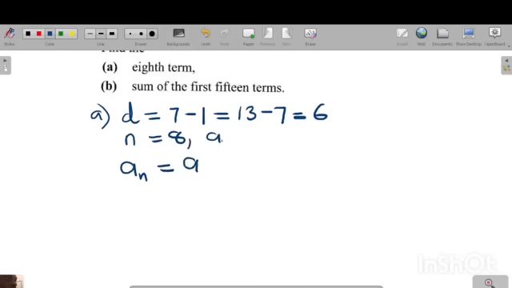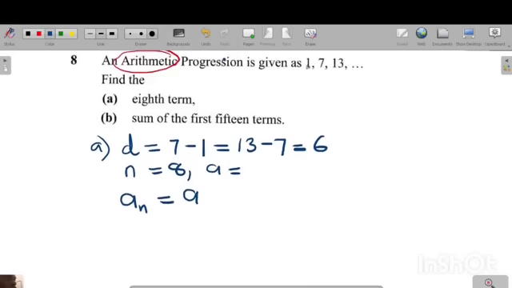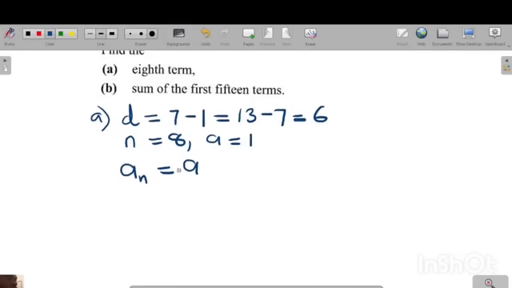The first term is 1 in this sequence, okay? So the formula for finding the nth term is a_n equals a plus (n minus 1) times the common difference d.